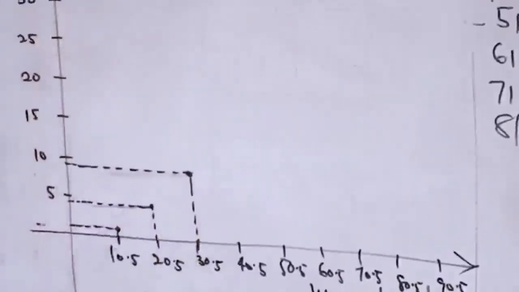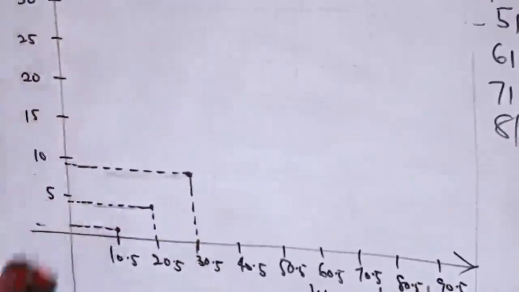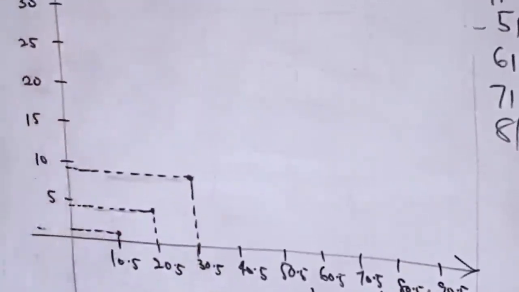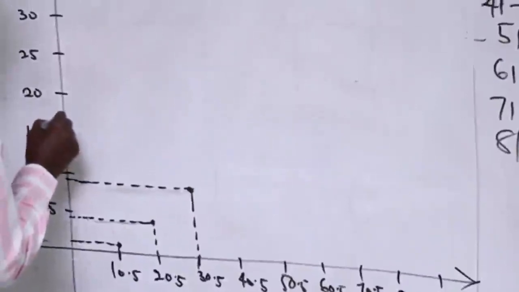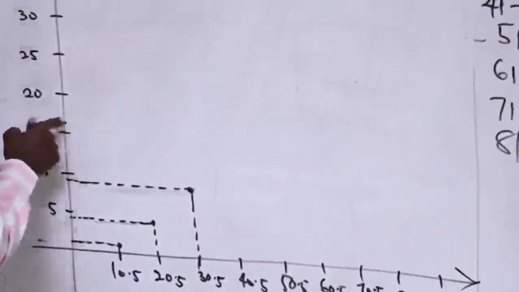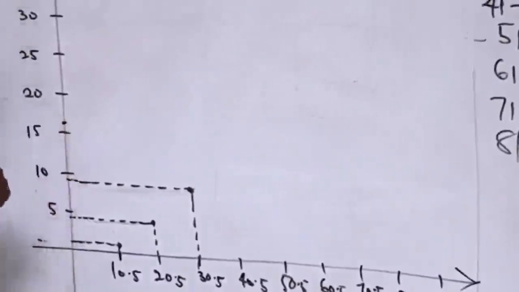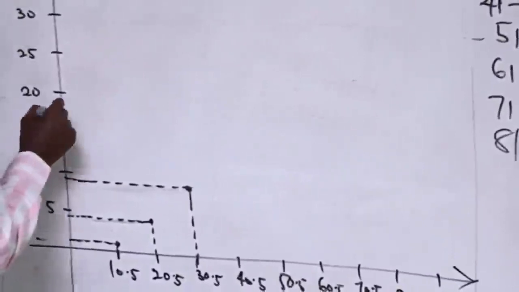Okay? 30.5 to 40.5, that's 17. 17 will be what? 4 O's up from 15. Yes, 4 O's up.